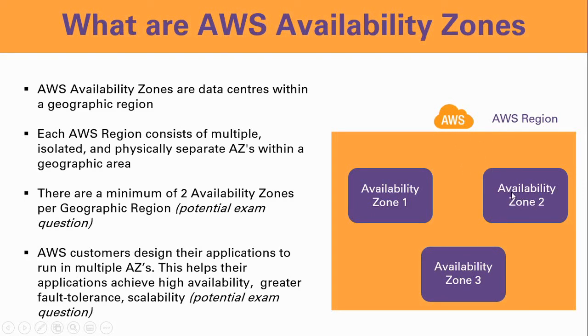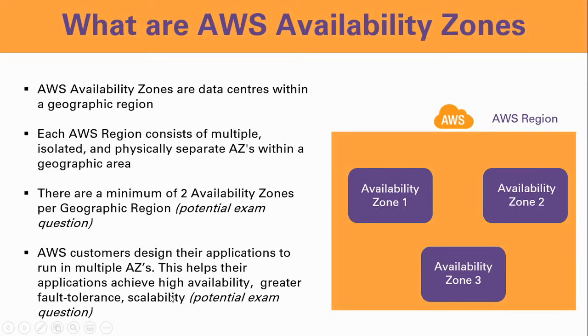Now, if for any reason one of the availability zones were to go down, for example like a power outage, then the requests could be routed away from AZ2 to AZ1 and AZ3. So this would ensure that the application achieves high availability and greater fault tolerance.